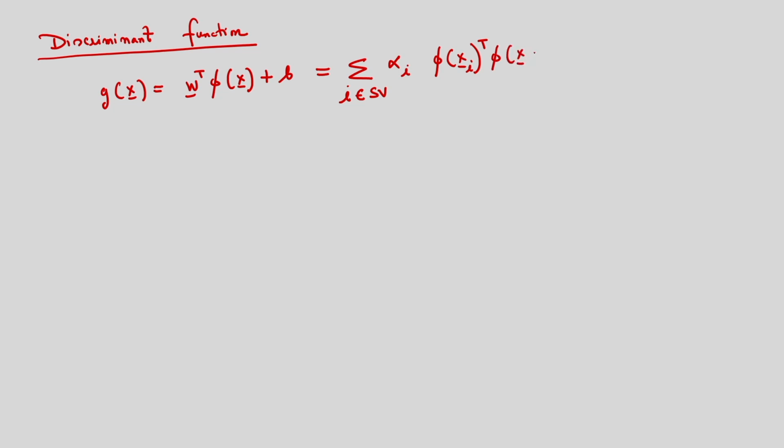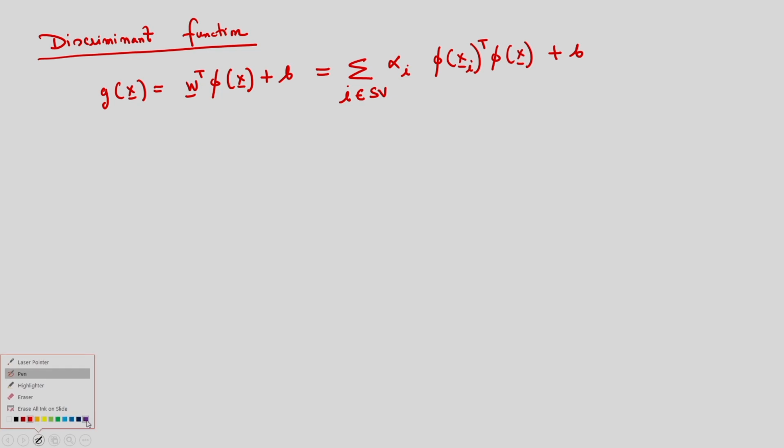The discriminant function, by considering the mapping, g(x) is equal to W transpose phi(x) plus B, that is equal to the summation over i, where we are considering the support vectors alpha i, and the mapping function phi(xi) transpose phi(x), plus B. So you can see the modification in the discriminant function.